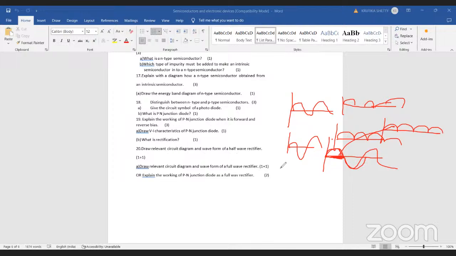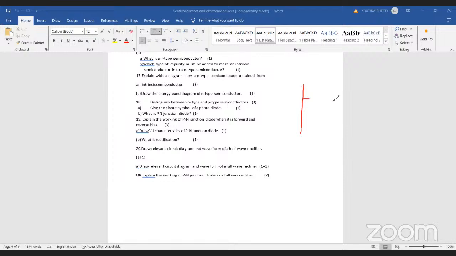Draw the relevant diagram and waveform of a half wave rectifier, they ask. A wave diagram means you have to show only this. In the half wave you show it at intervals, and for the full wave rectifier you show the complete conversion. If you want it neat, I will show you the diagram.